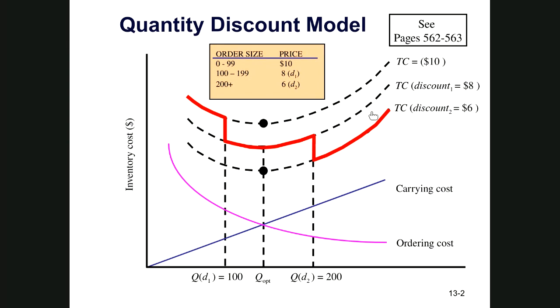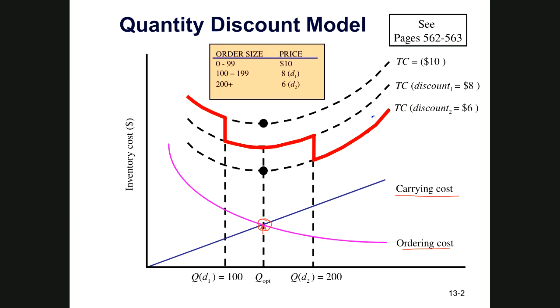Now what happens then when we compute the economic order quantity? As you remember, the economic order quantity model only considers the carrying cost and the ordering cost, and we know when those values are the same, it creates our minimum cost in terms of the quantity that's ordered.